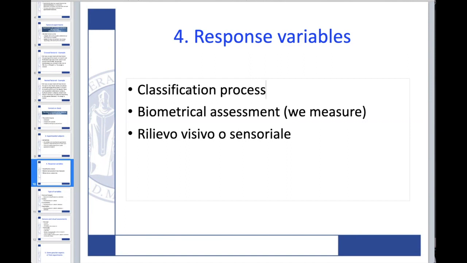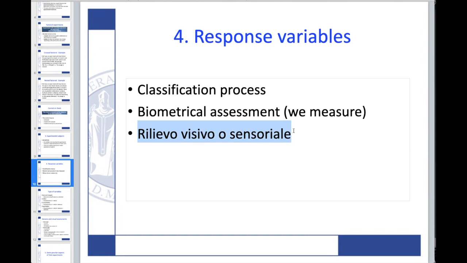Just think about sex, for example, or think about the color, or think about other classes when we make treatments against weeds, for example, when we kill plants, we can record whether they are dead or alive. With seeds, we can record whether they are germinated or not. So we have just classes. We do not measure. And this is still possible.